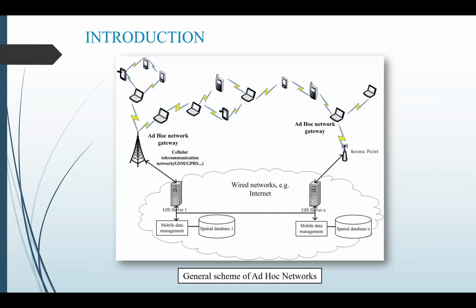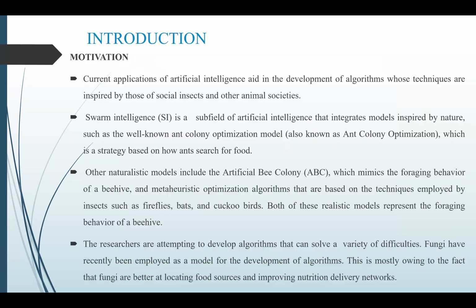This is the general schema of ad hoc networks, starting with a GIS server and database and mobile data, connected between the hosts, sending data from a mobile host to another, like a computer.